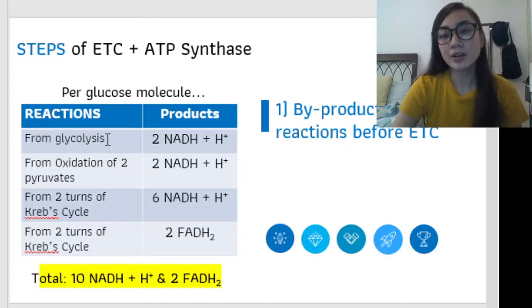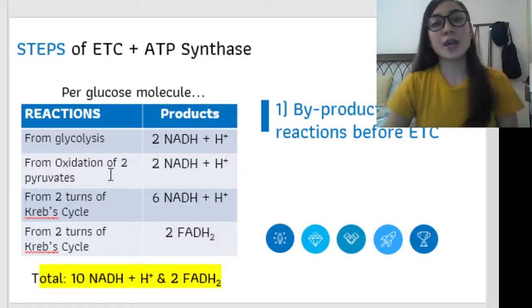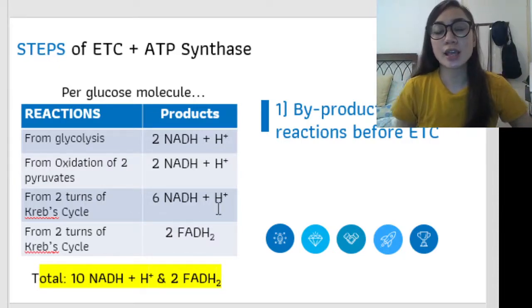So, from glycolysis, ang product niya, we have 2 NADH plus H+. We have, from oxidation of 2 pyruvates, so, ibig sabihin, dalawang pyruvates, 2 NADH plus H+. And, from 2 turns of Krebs cycle, dalawang ikot, we have 6 NADH plus H+.